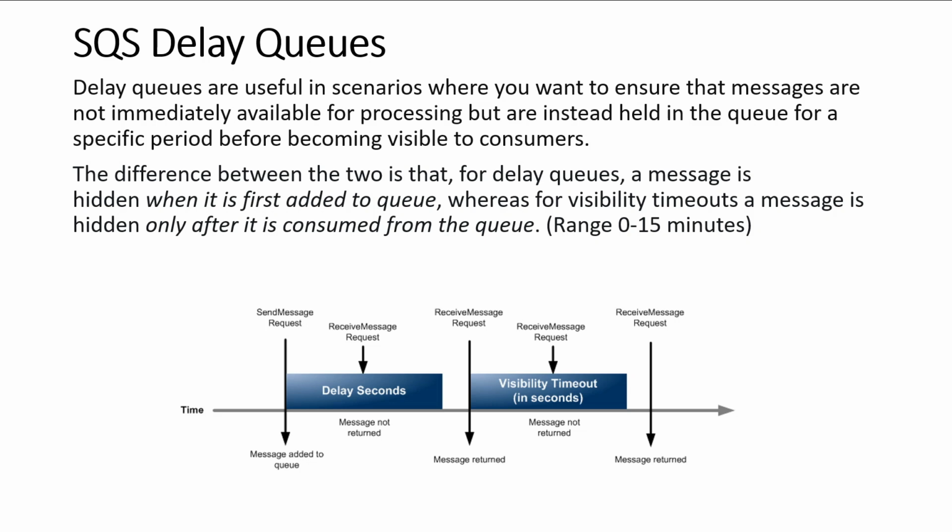During this time, no consumer is able to pick up the message for processing. Whenever the timeout expires, at the time when the first polling interval hits, the first consumer picks up this message from the queue, begins processing it, and kicks off the visibility timeout. After the visibility timeout expires, the next consumer can pick up the message for processing. Hopefully this clearly illustrates the concept of SQS delay queues.